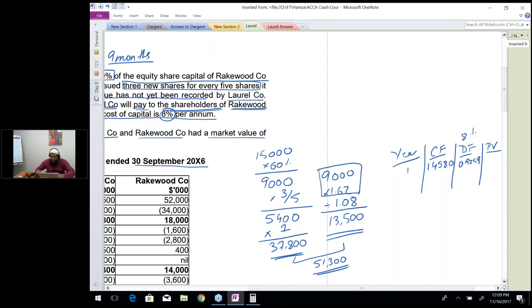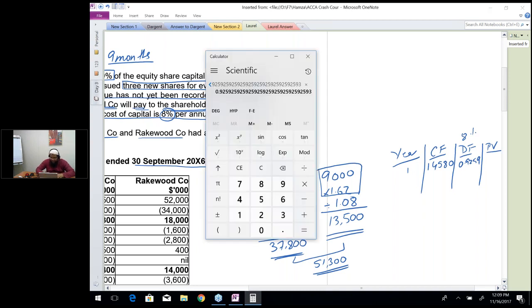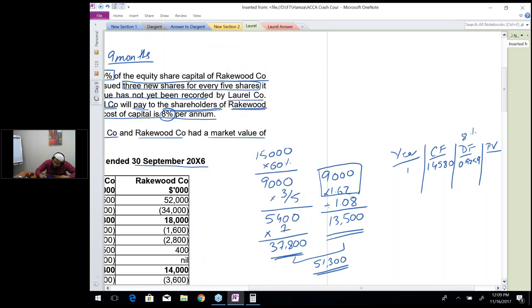So if I multiply this by 14,580, this is going to give me the present value of 13,500, which I have already written over here as well. That's good, Neeraj. You have got it. Simran, have you also got it?